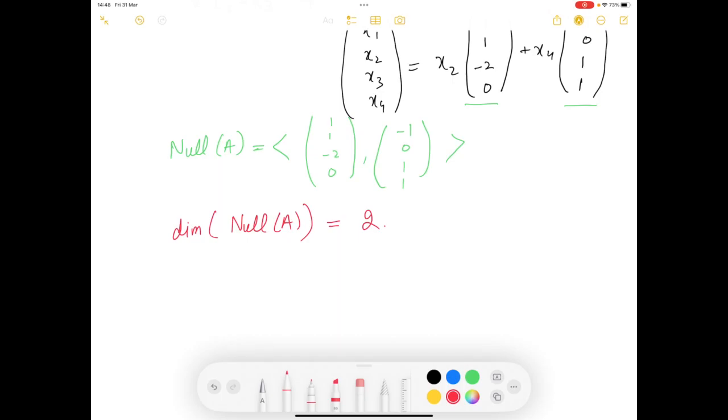This is how we will find a basis and dimension for the null space of a matrix A.